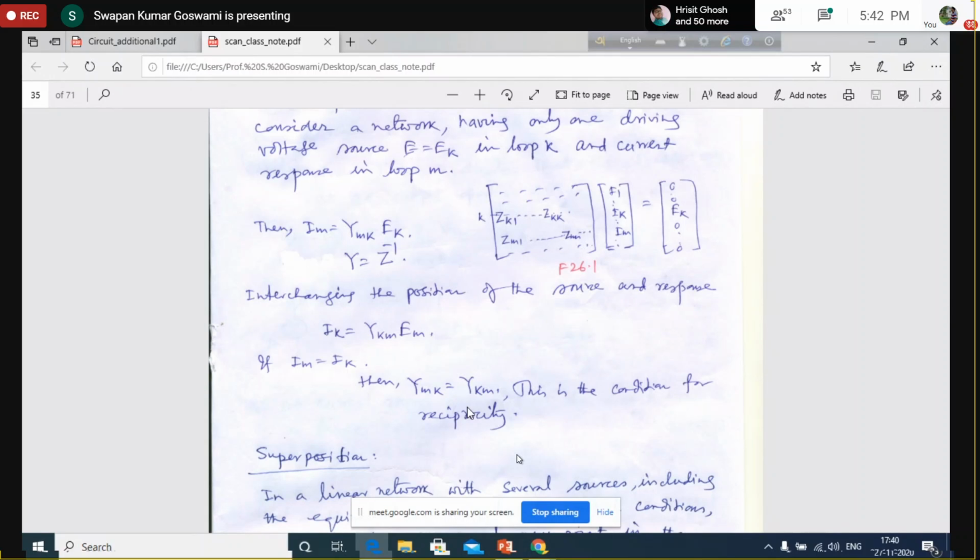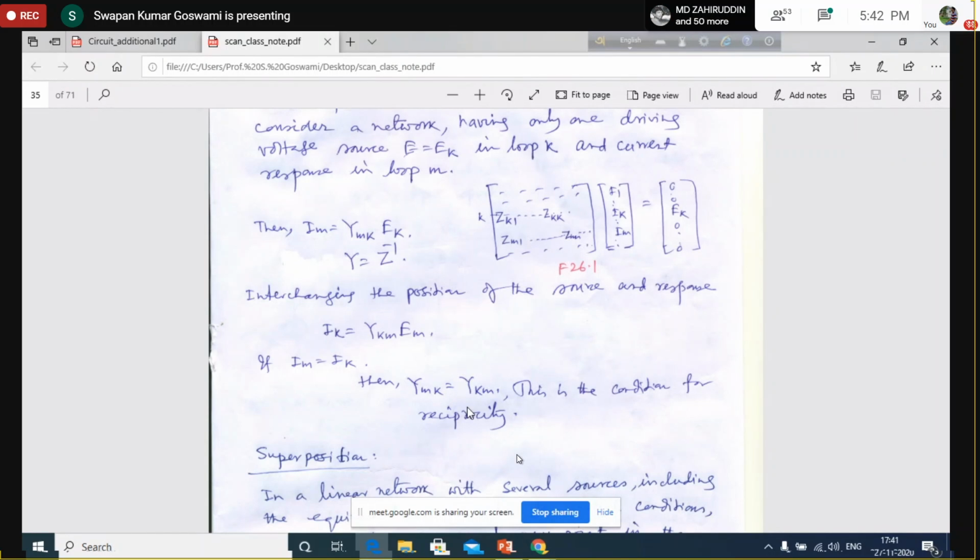For a reciprocal network, the admittance matrix will be symmetric. That means if the linear network is passive, with sources connected external to the network, and the network has only passive elements, that is, no controlled sources and such things, then as we have already seen, the admittance matrix becomes symmetric.